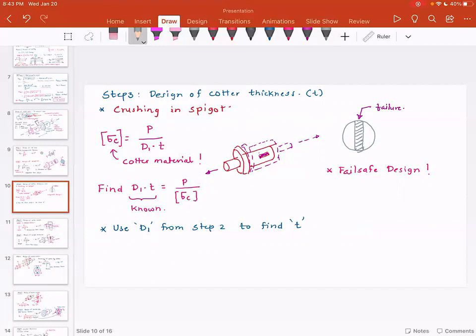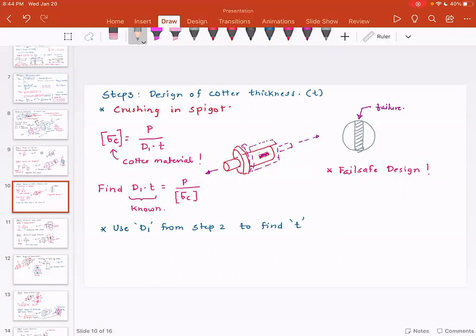In industry, you will determine all these dimensions, and then you look at the catalog, and pick the catalog item that satisfies these design criteria and dimensions. So whenever you find a dimension, please round it off to the higher side.